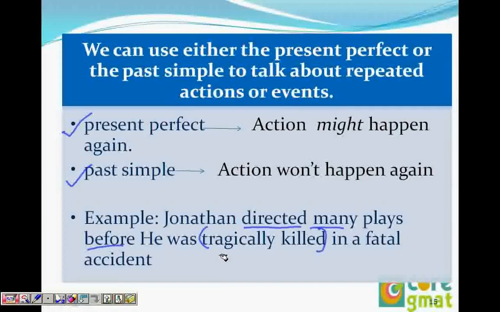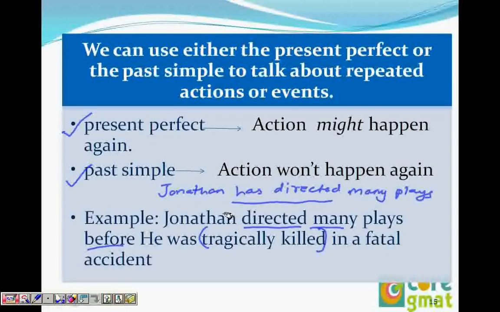So in this sentence, if I say Jonathan has made many plays before he was tragically killed, it would be a wrong sentence, because I'm indicating that he might make plays again, but the second part says he's dead. So has directed means he directed in the past, but might make plays again.